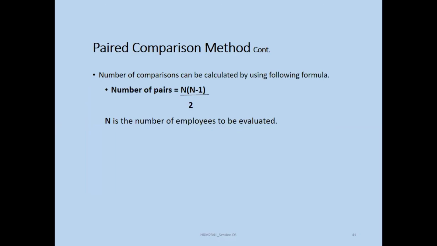We can calculate how many times we should do the comparison. The number of pairs can be calculated as n into n minus 1 divided by 2. N refers to the number of employees to be evaluated.